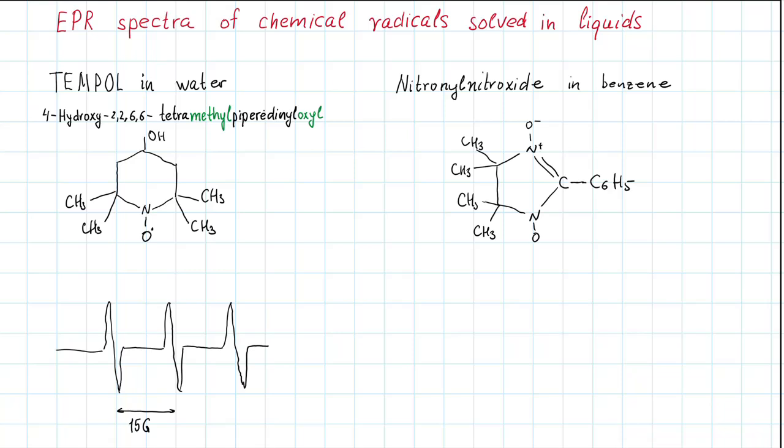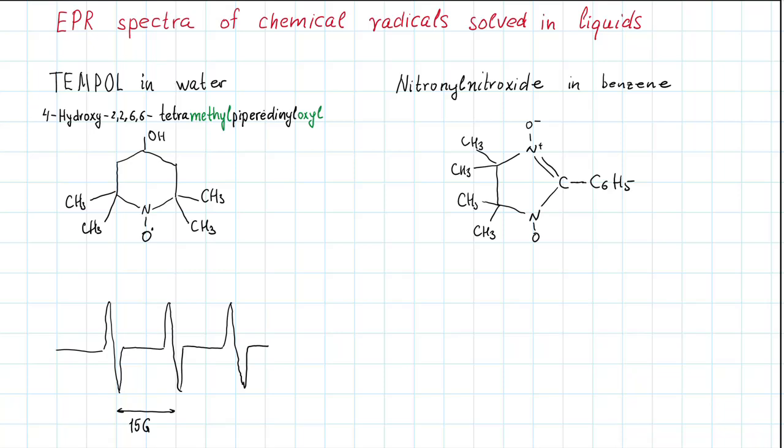The answer to this question is the hyperfine interaction of the unpaired electron with the nitrogen nuclear spin, which is equal to 1 in the case of N14. As we know, a particle with spin 1 can have three projections: +1, 0, and -1.